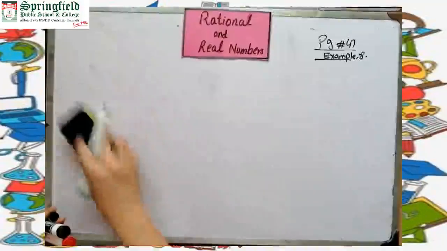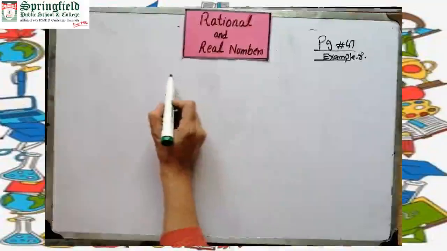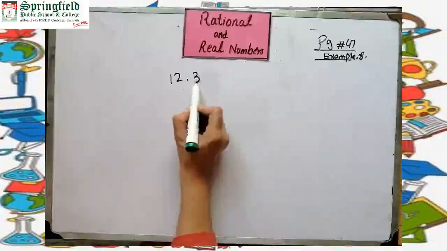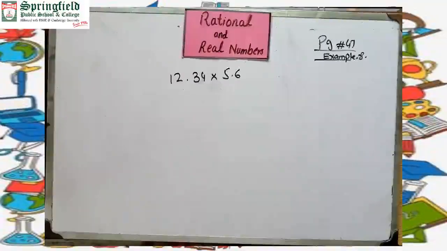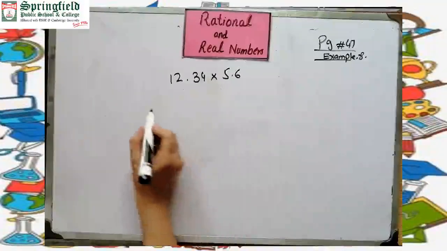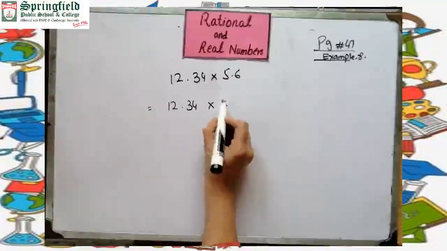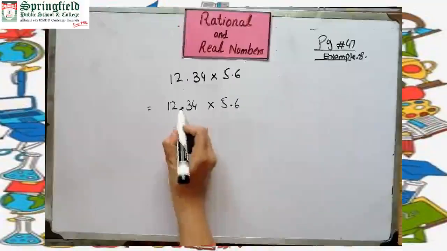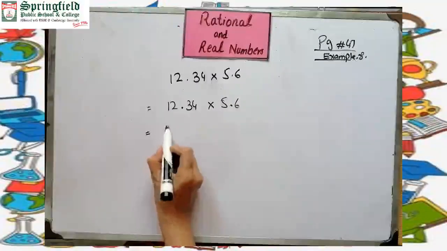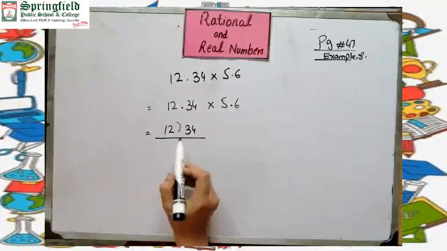In example 8, there are two decimal numbers and they are multiplied: 12.34 multiplied by 5.6. So how can we multiply two or more decimal numbers? In the first step we will remove the point, write down 1, and count the number of digits after the decimal point: 1, 2.